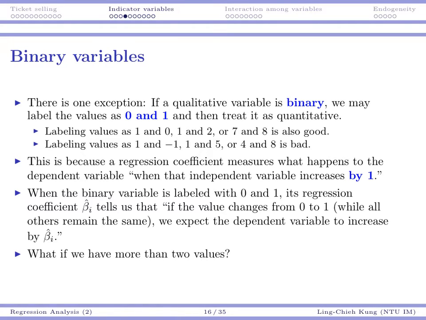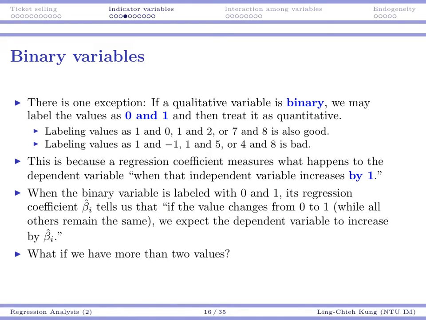Okay? And moving from 1 to 0 will have an impact which is negative, the negation of the coefficient. So the coefficient beta hat i tells us that if the value changes from 0 to 1, we expect the dependent variable to increase by beta hat i. So this is useful.